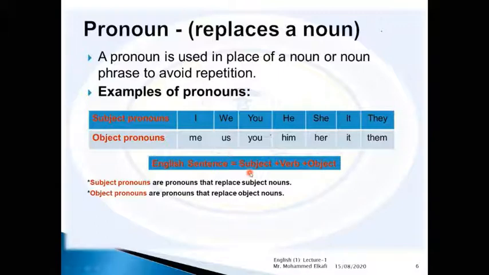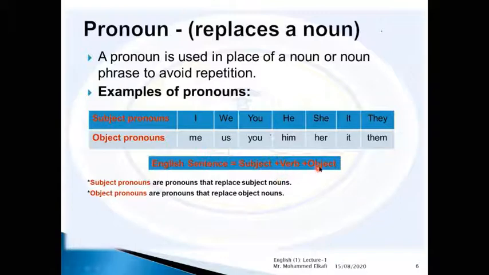This is the order of the English sentence: first subject, then verb, then object. Subject pronouns are found in this position before the verb.